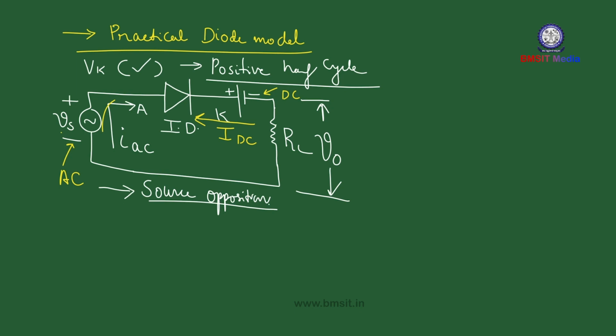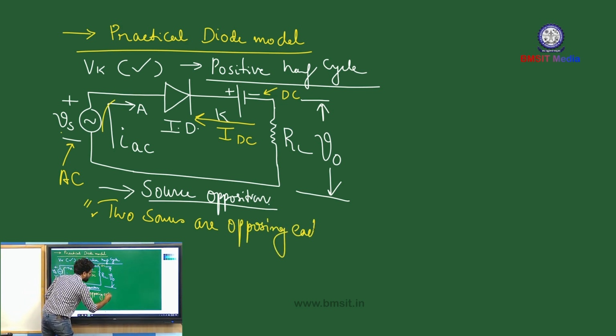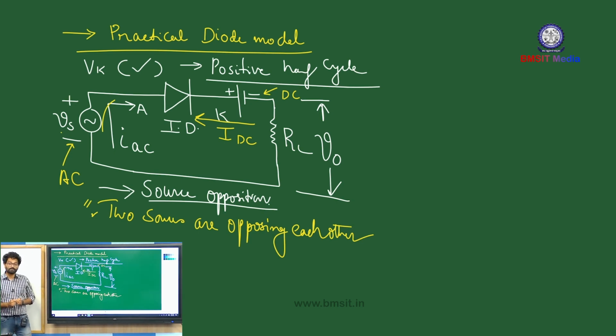If you look at the two current directions, you see that the two sources are opposing each other. Now the question is, which source is dominating? The dominating source will dictate the circuit operation.